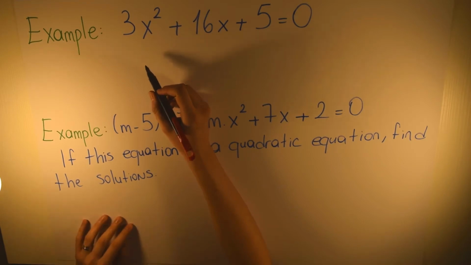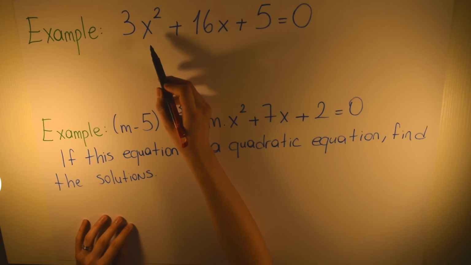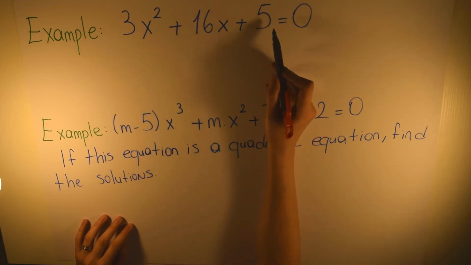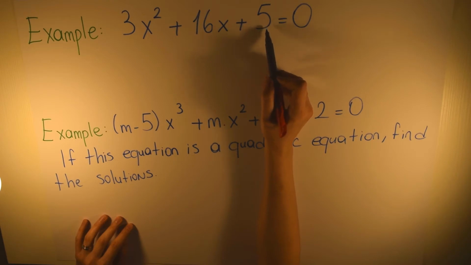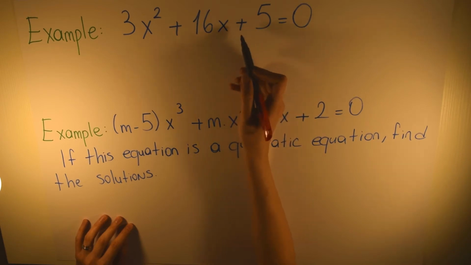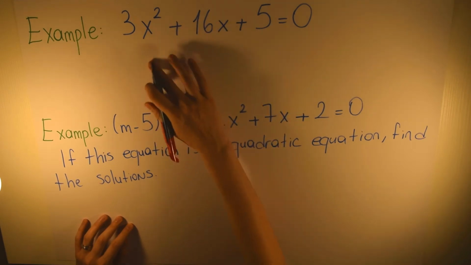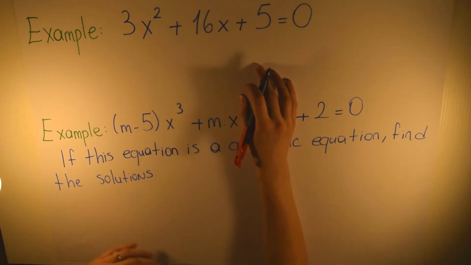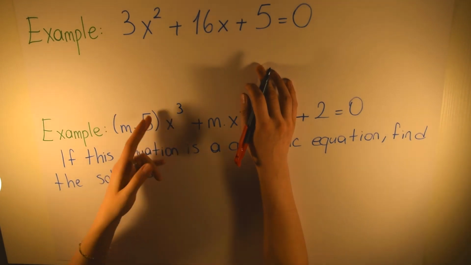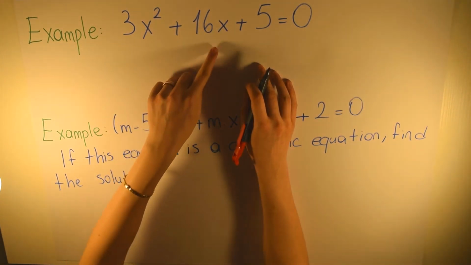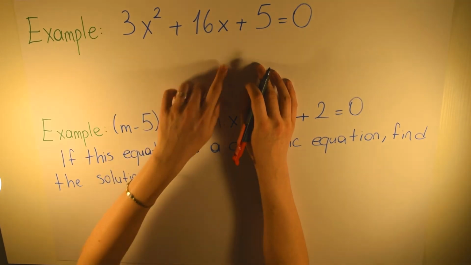You also factor this 3x squared, okay? After that, you do the same thing for our constant, and then I will cross multiply the values of the factors, and as a result, when I cross multiply and add them together, I should get 16x. So let's try it.